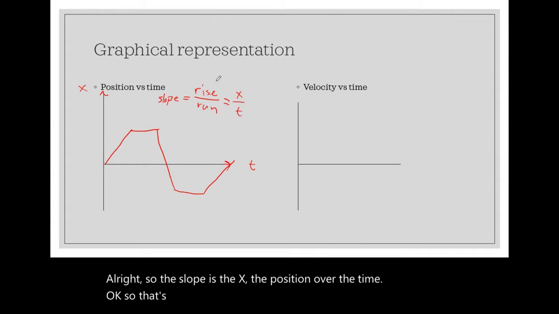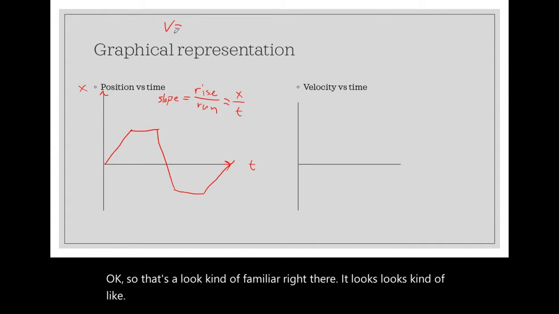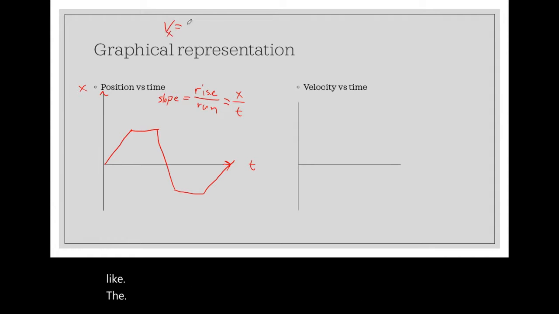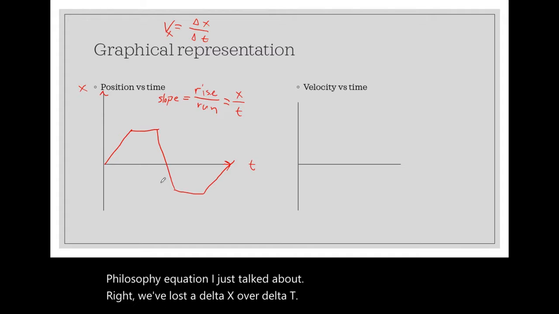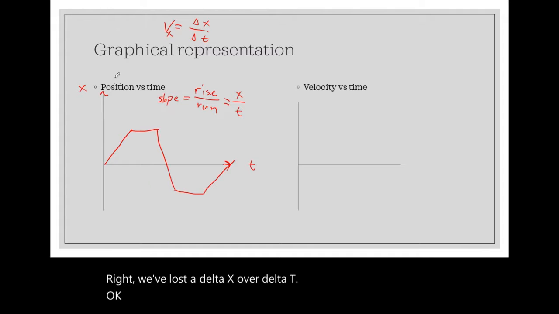Okay, that should look kind of familiar, right? That looks like the velocity equation I just talked about, where velocity is delta x over delta t. So the slope of a position time graph gives us the velocity.